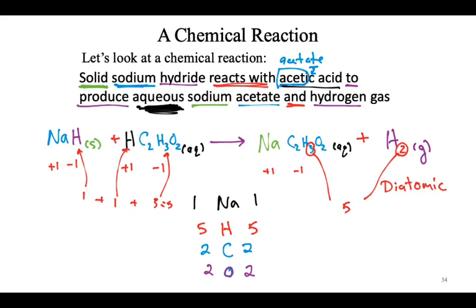Okay. We could be asked the question, what is the sum of the coefficients on the balanced equation? This would be kind of a silly question to ask about this one because you didn't have to do anything as far as balancing goes. But that question, sum of the coefficients, is referring to the number in front of each of these species. Do you see a number in front?